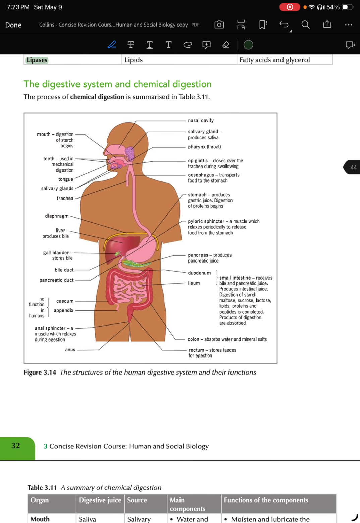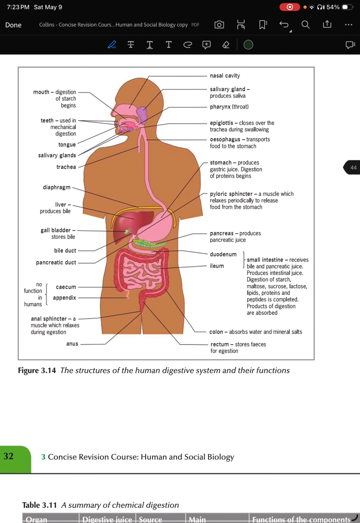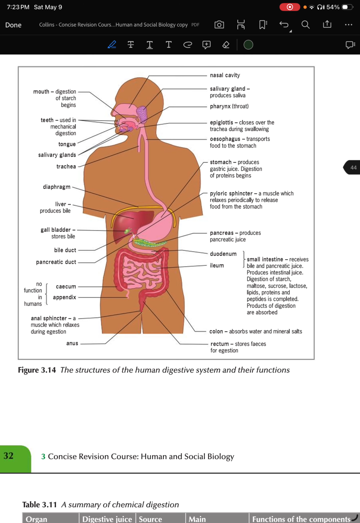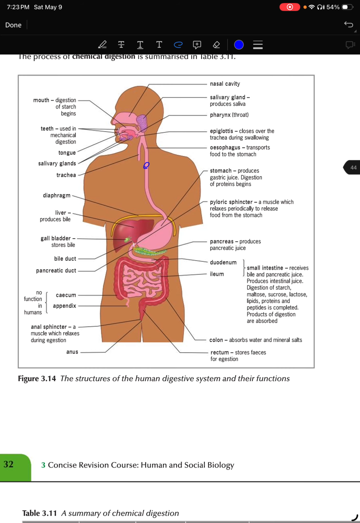Something about the digestive system I want you to pay attention to is that it really is highly connected. Its structure is connected to its function, right? So, for example, the oesophagus is a muscular tube. It has muscles that contract and relax in order to move the food down into the stomach.